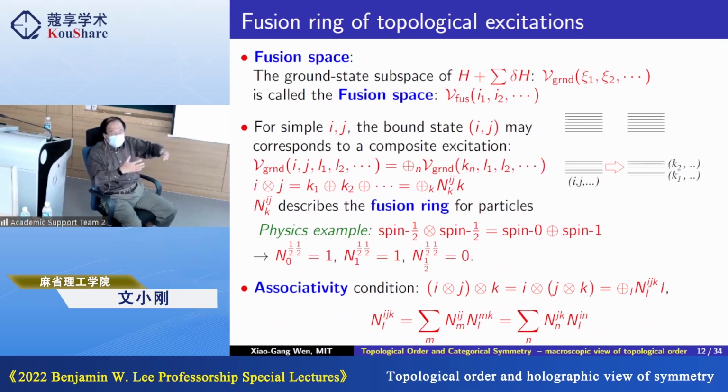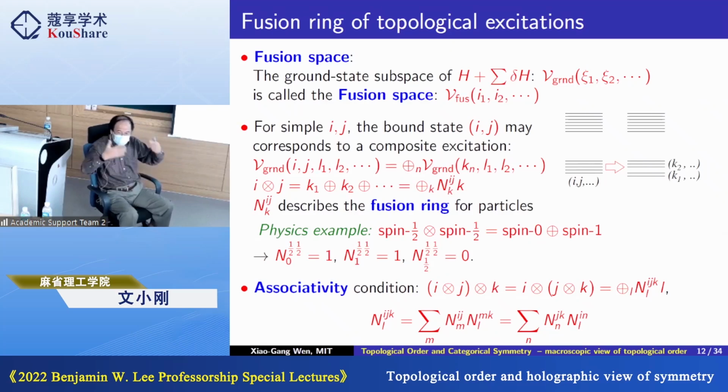If 0, it means the K doesn't appear. If 1, it appears once. 2 means that this same K appears twice in the direct sum. And this N_ij^k defines the fusion rule. That's one of the important pieces of data in modular tensor calculus.